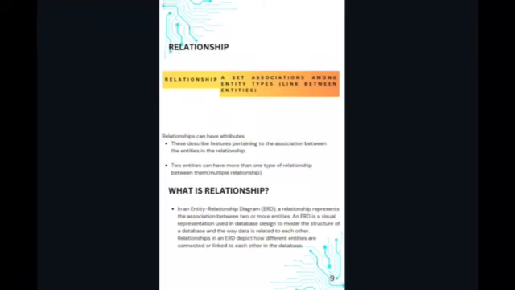Third, composite is an attribute that has more than one attribute. Last is derived, an attribute that represents a value derivable from the value of a related attribute, not necessarily in the same entity.